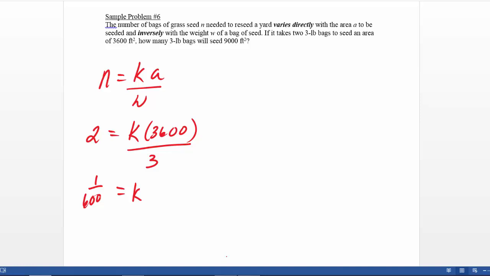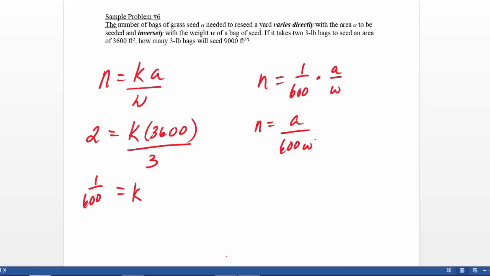Now, I'm going to replace the k in our original equation with 1 over 600. That's k times the A over W that we had originally, and if we combine this together, we get A over 600W. Now, we can plug in from here.